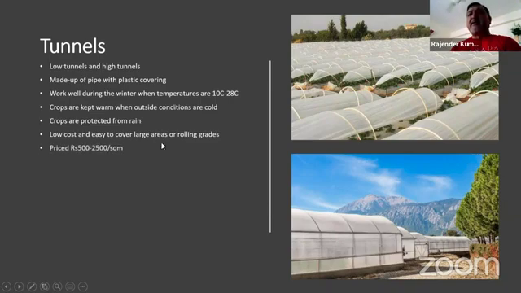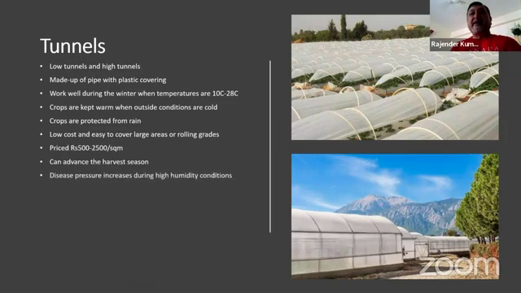These are again low-cost structures you can install very easily, except these high tunnels, where you need some skilled labor. Price may vary from 500 to 2,500 rupees per square meter, depending on what level of material or technology you are using. In these tunnels, you can also advance your harvesting season.